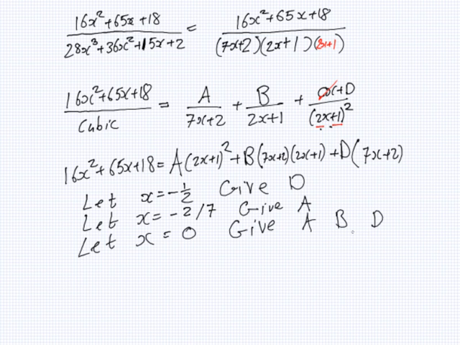However, I know the a and I know the d. So I can put in those answers and I'll be left with b. If I put x is 0 and the value of a and the value of d, which I found previously, I will have only b left to find.